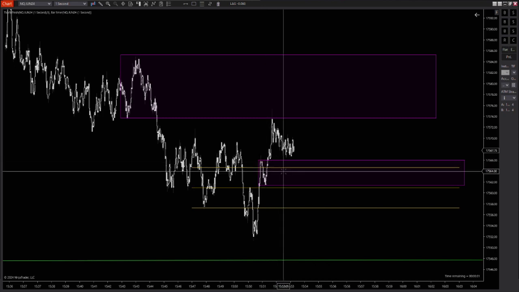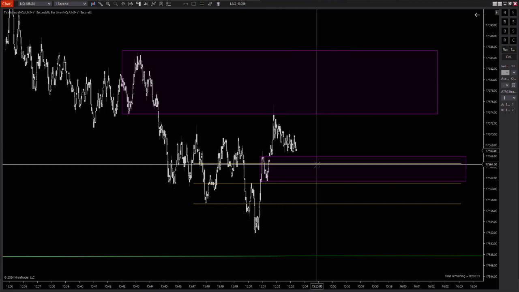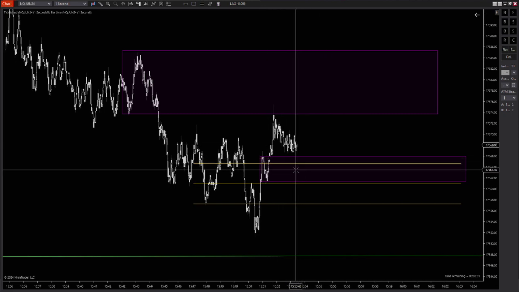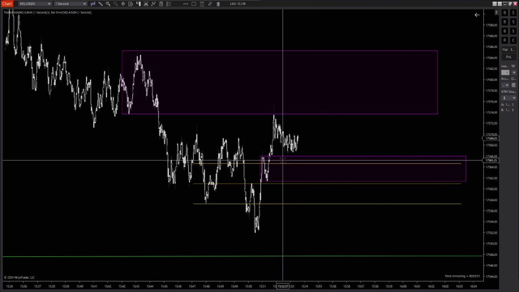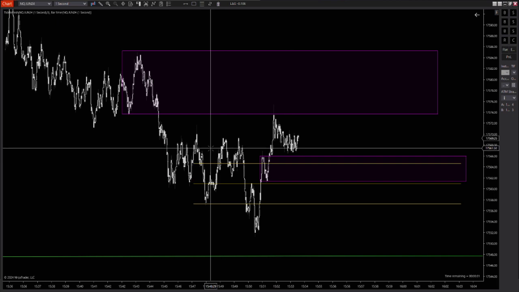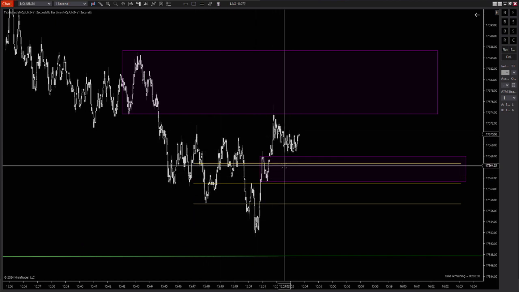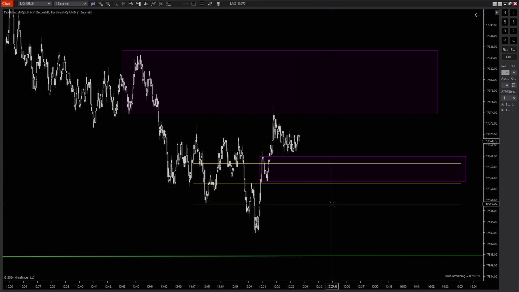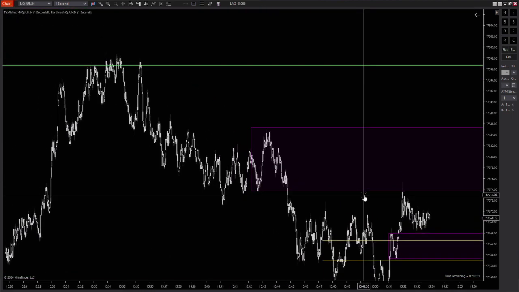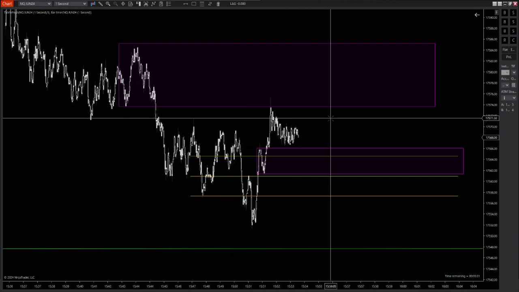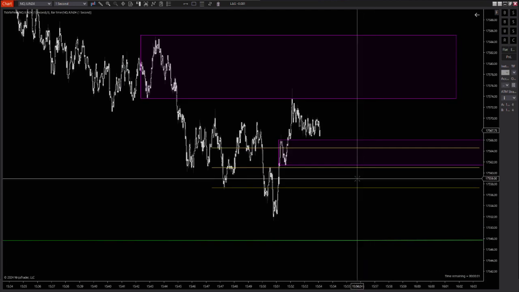Yeah. So I'm looking for a confirmation within these areas. It doesn't have to be at a specific level. When it comes to these swings, it has to be just within these levels. Okay. So let's see what price does.